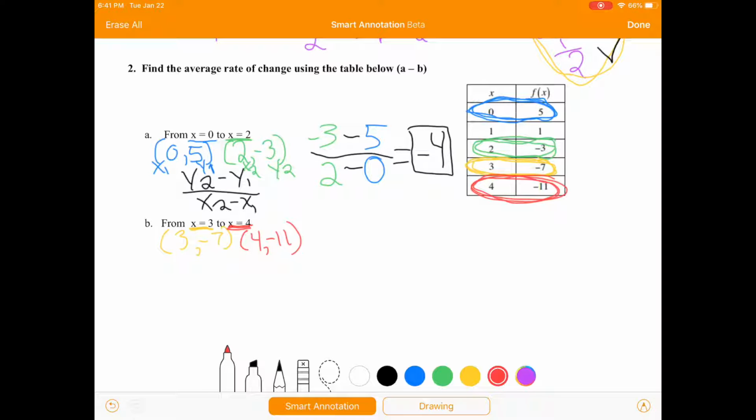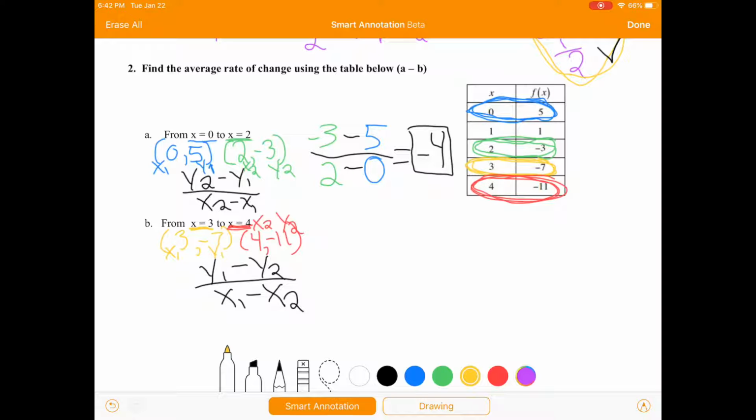Again, using the same formula. Again, you can write it either way. So y1 minus y2 divided by x1 minus x2. This is going to be my x1, y1. My 4 is going to be my x2, my negative 11 is my y2.